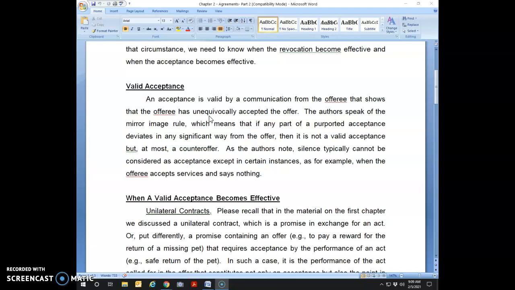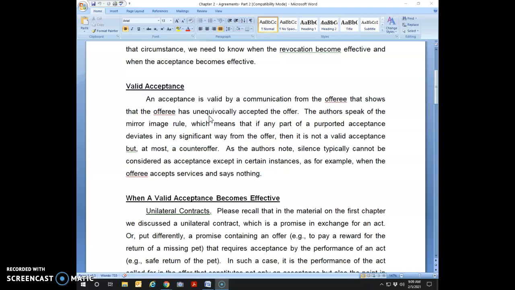And perhaps the image suggested by the authors, the mirror image rule, helps, meaning that the acceptance has to, in one sense or another, mirror the offer. That doesn't mean that the acceptance has to be word for word matching the offer, but when we look at the communication that purports to be the acceptance, it's very clear, it's unequivocal, there's no doubt that the offeree has accepted the offer.